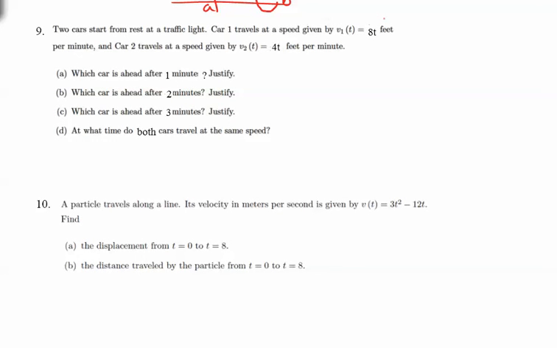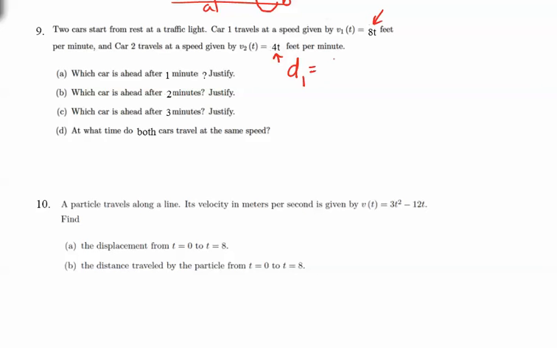In question 9, we've got functions for the velocity of both cars, and notice that over our interval from 1, 2 to 3 minutes, these are all going to be positive, so our net distance and total distance are the same. So to find where the cars are, we simply use our net change theorem.